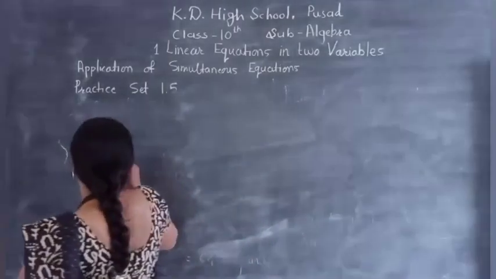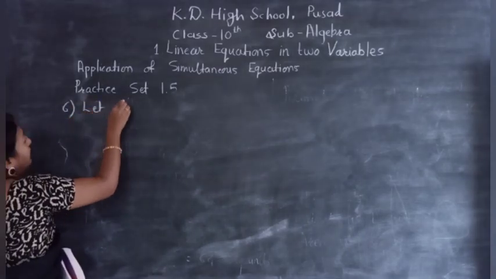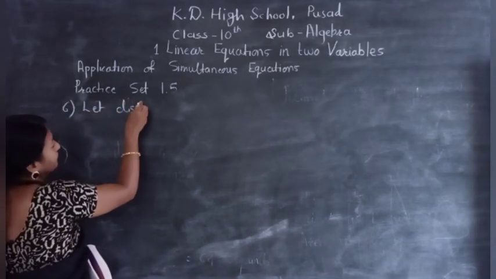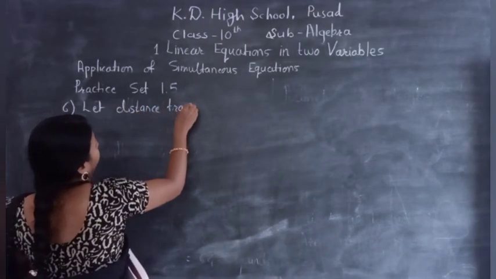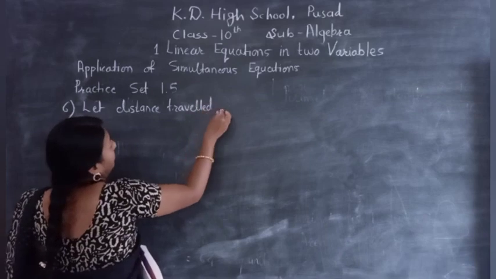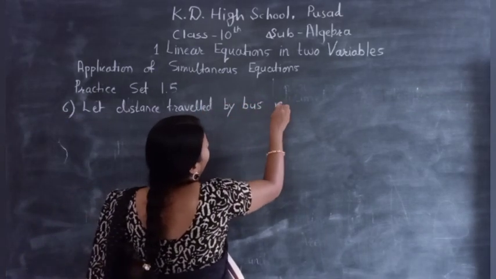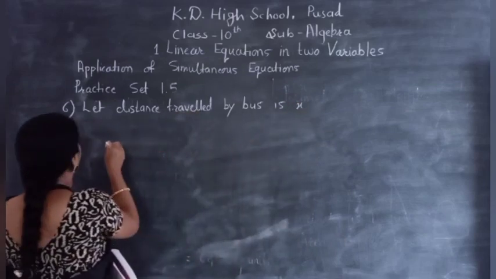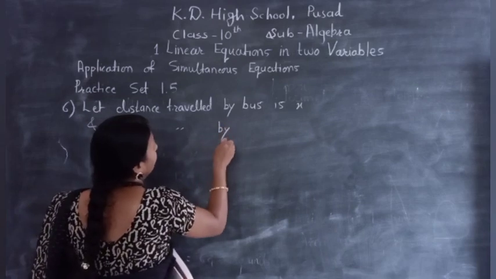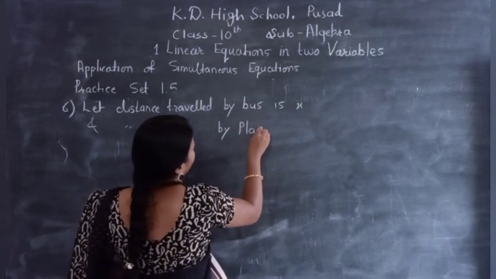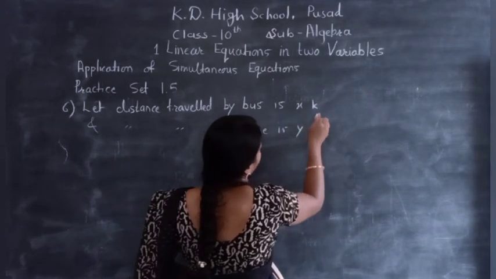Okay, so let the distance traveled by bus be x and the distance traveled by plane be y kilometers.